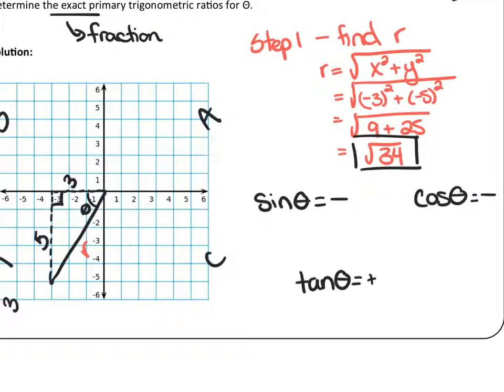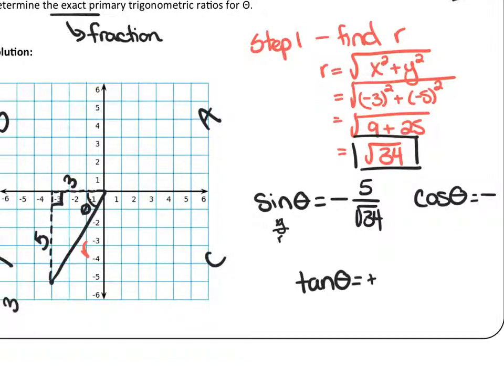Sine is y over r. So our y value is 5. Oh, excuse me, I'm putting that over the negative. Negative 5 over root 34. Because that was our r. Cos was x over our r value.